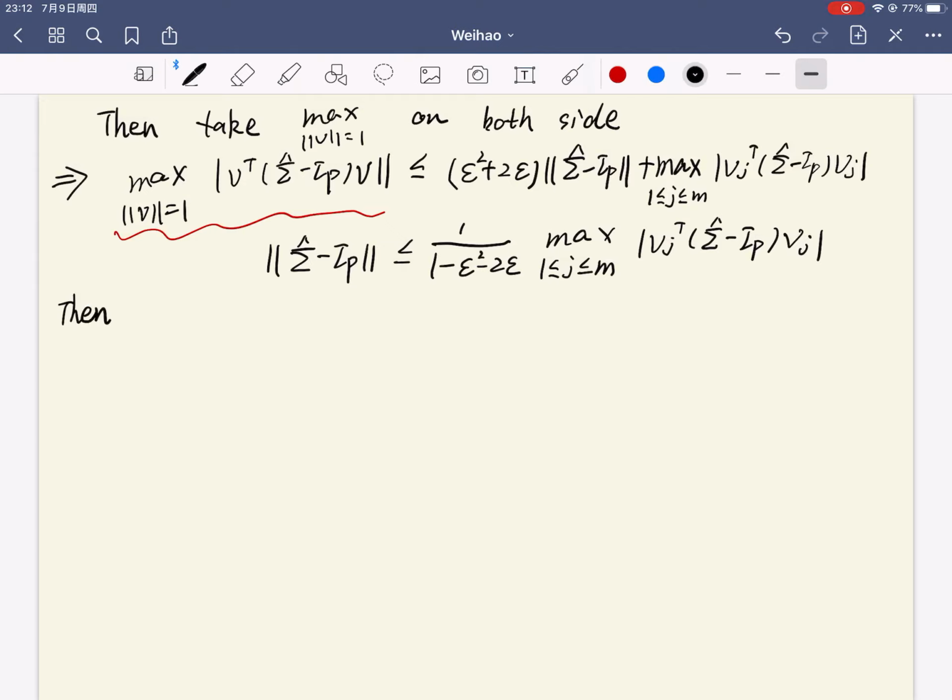Then, let's consider the tail probability, which is the key step to find the high probability upper bound.